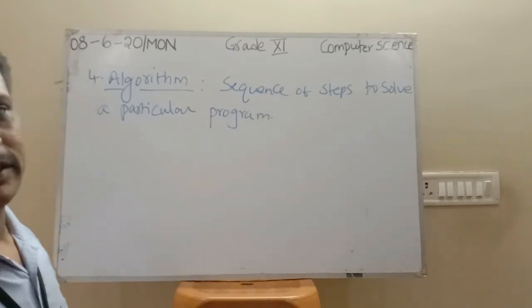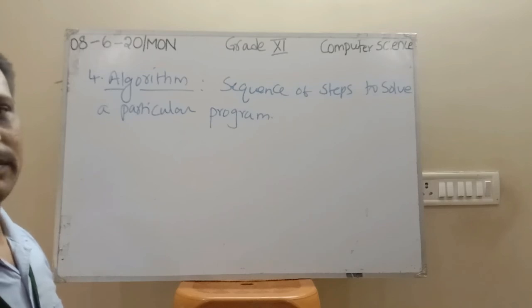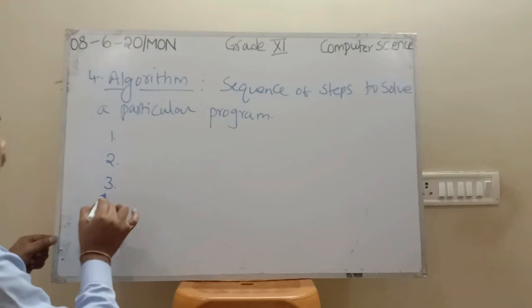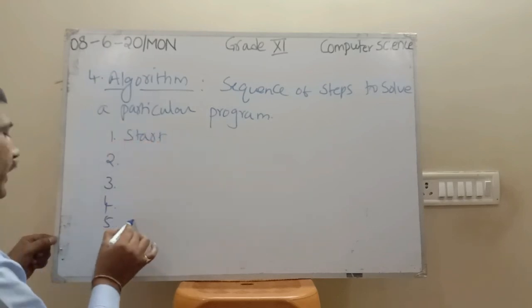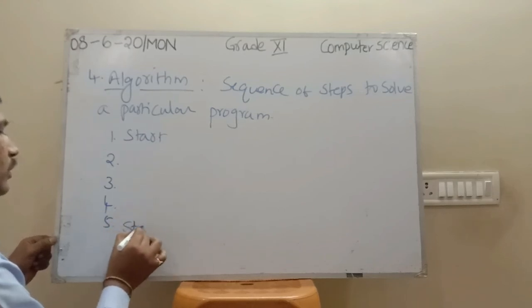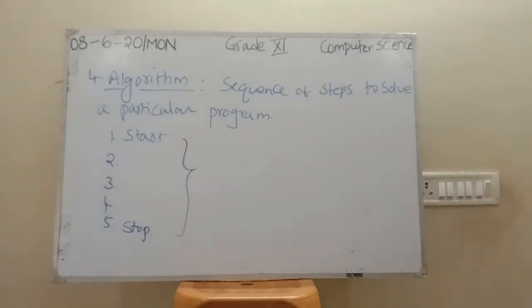In that we are writing a step-by-step process. So we write all these algorithm steps from start to end, begin, end, start or stop. In this way we write all the steps in a particular manner.